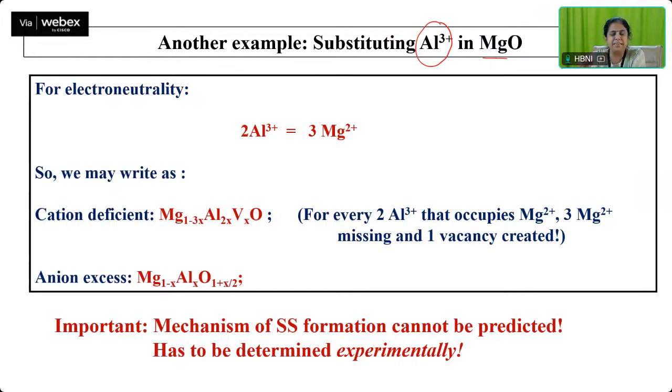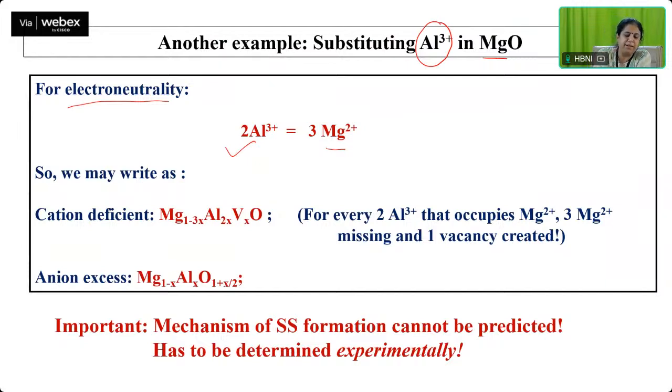Okay. So as I said, whenever we are substituting, the condition that has to be satisfied is electroneutrality. So just for the ease of writing the nominal formula, I can see that when I want to balance the charges, then 2 aluminium ion will be equal to 3 magnesium ion. Okay.